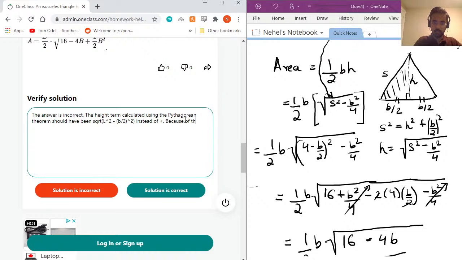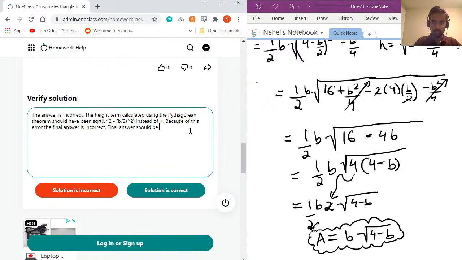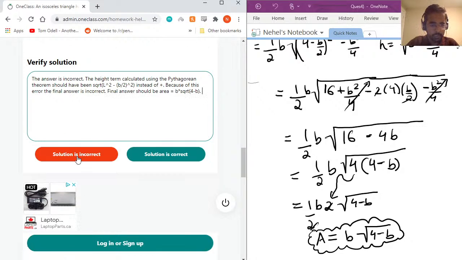Because of this error, the final answer is incorrect. Final answer should be area equal to b times square root of 4 minus b. Okay, so I think that's it for this question. We'll mark that as incorrect.